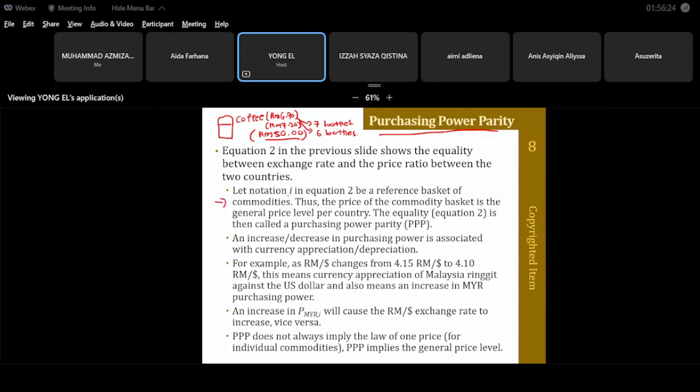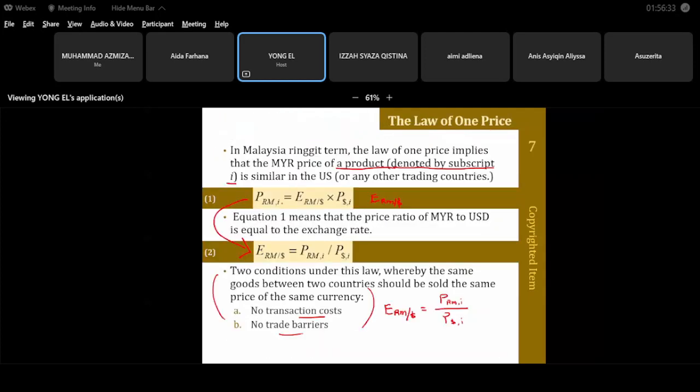Now, look at this point. Let notation I in equation 2 be a reference basket of commodities. Previously we denoted I as a bicycle, for example, just one commodity. Now you can think of I as a commodity basket.